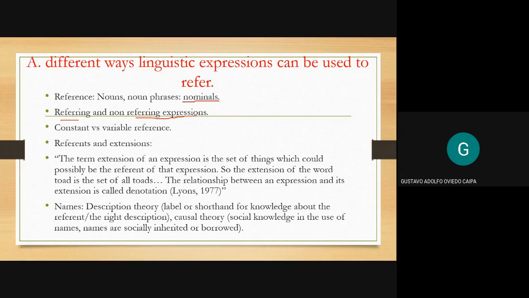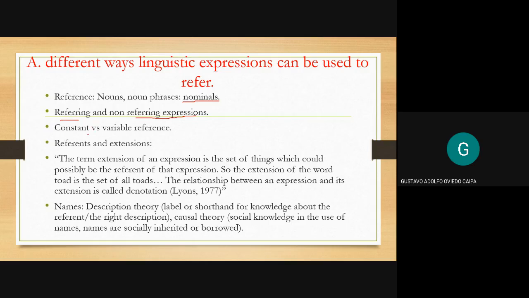But if I say the colonoscopy, or my father's colonoscopy was okay, I am trying to connect to something very specific that already happened. In that case, I am using colonoscopy as a referring expression. I hope that you remember a little bit of this.